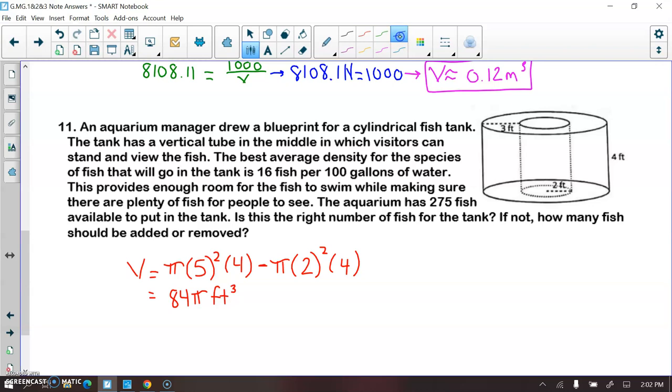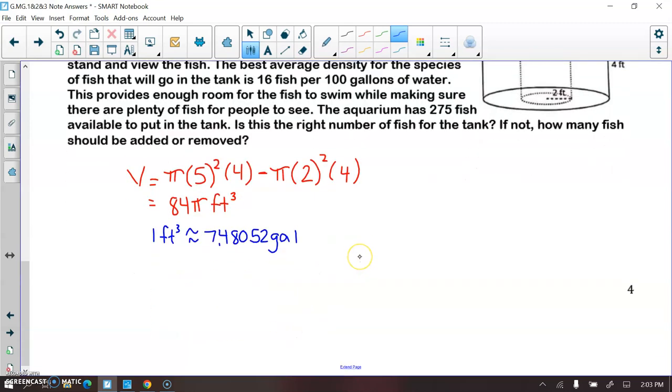Now, one thing that you need to know is that 1 cubic foot, which is not stated in this problem, is approximately equal to 7.48052 gallons. So I'm going to convert my volume of feet cubed into gallons.